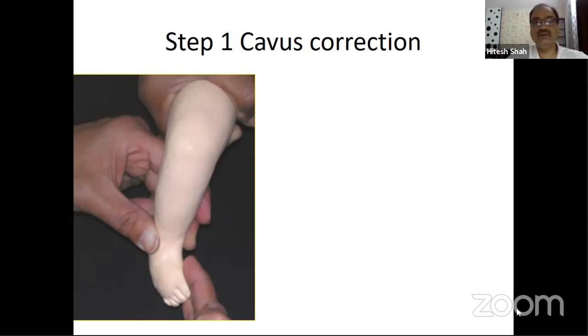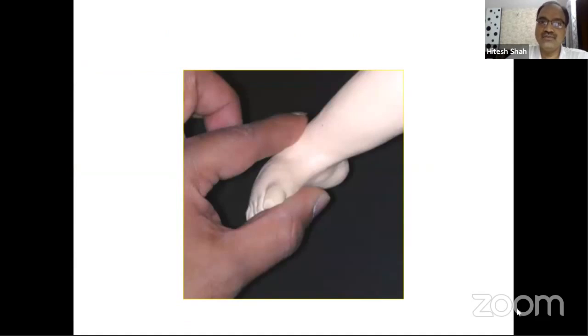We need to give the fulcrum at the head of the talus in order to prevent displacement of the calcaneum and talus in the ankle mortise, and to prevent the external rotation deformity, because we are going to correct first the cavus, followed by the abduction, and the external rotation. That is the basic principle of the Ponseti method.